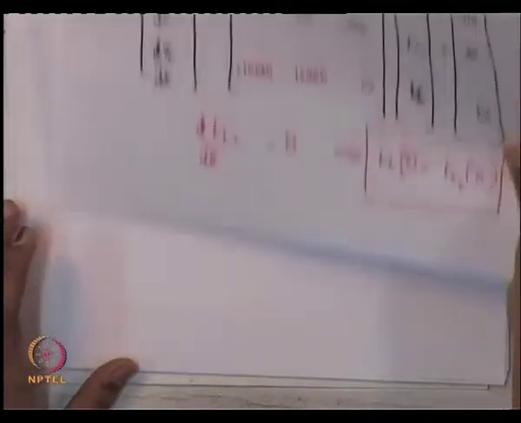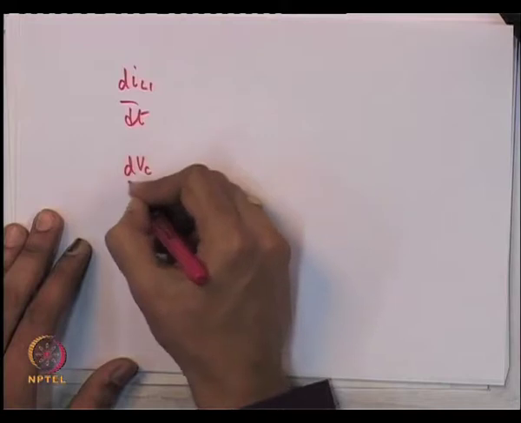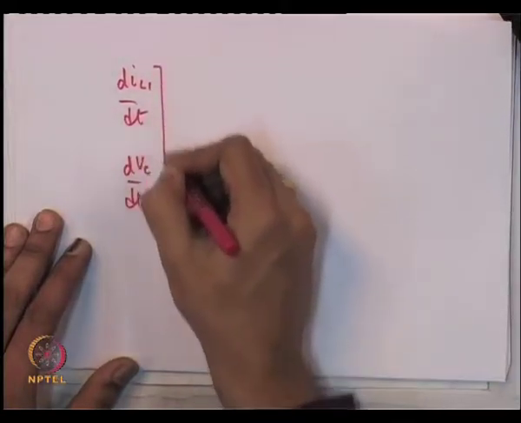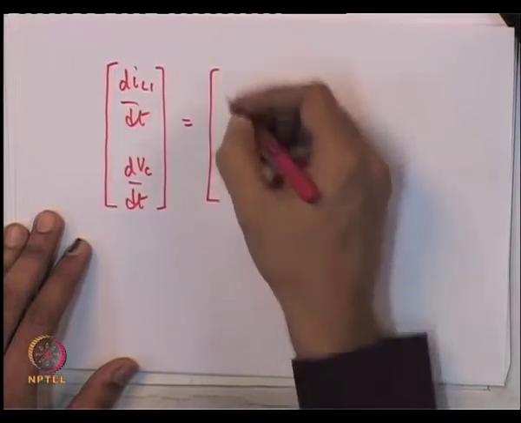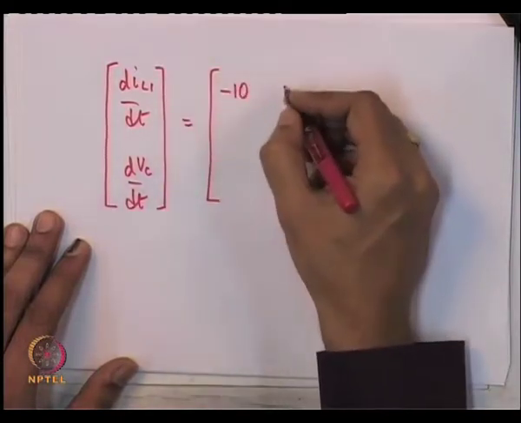In such a case, you will have dIL1 by dt, dVc by dt. You know what IL2 is because I have assumed it to be 0. So, you will have simply the state space equations as follows.